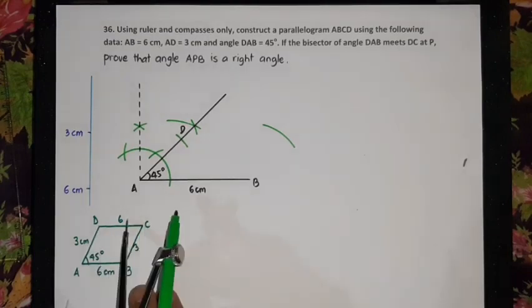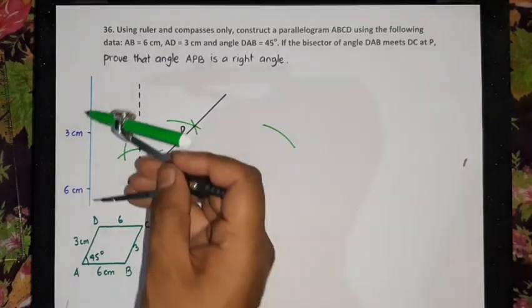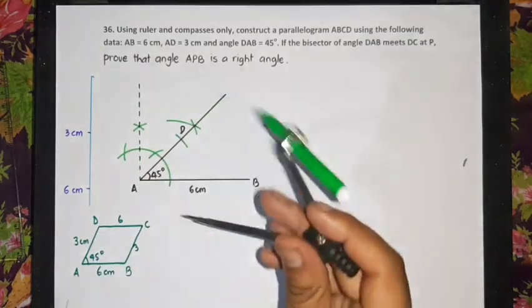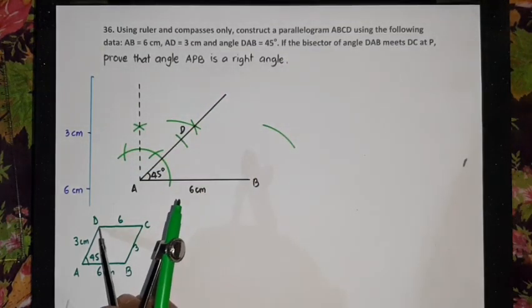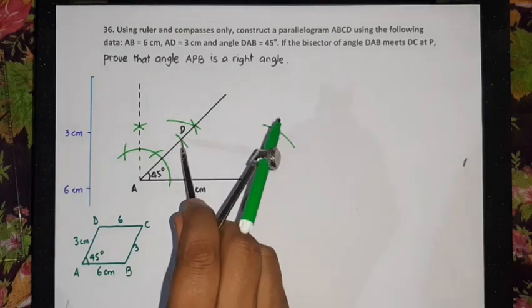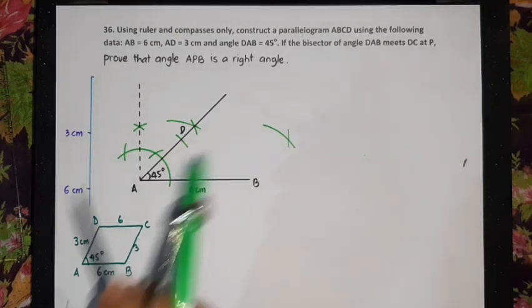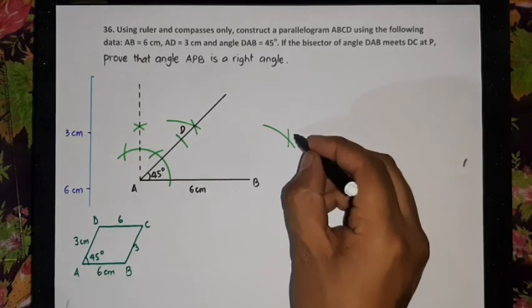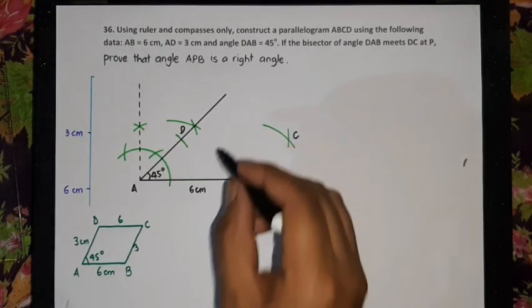Now from D I have to take 6, right? So let me take 6 cm. Okay, so I have taken 6 cm, and that 6 cm has to be drawn from D. So this is my D, and let me cut it here. Now this point of intersection will be my point C. Now let me quickly join all the vertices here.